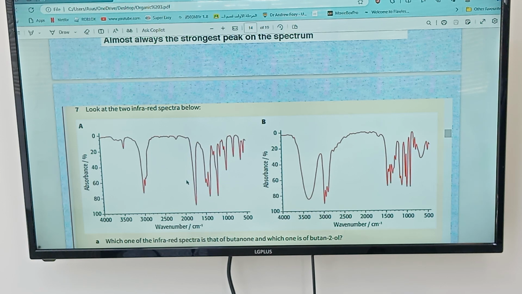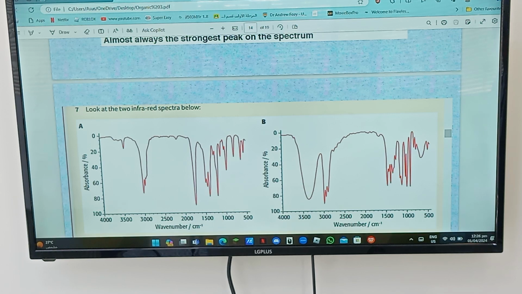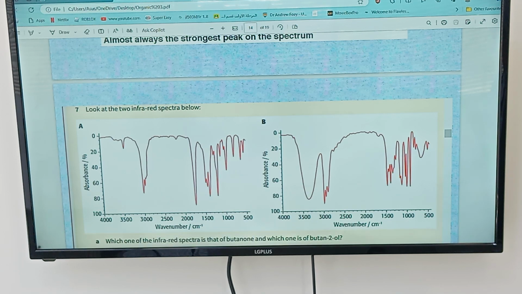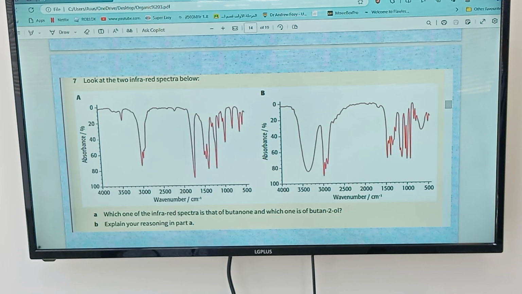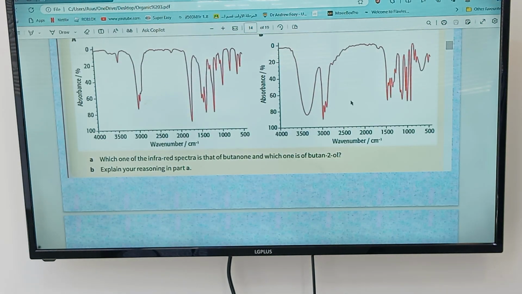With the sharp peak, we can find which products that we have. So the sharp peak between 3500 to 3000 or vice versa.